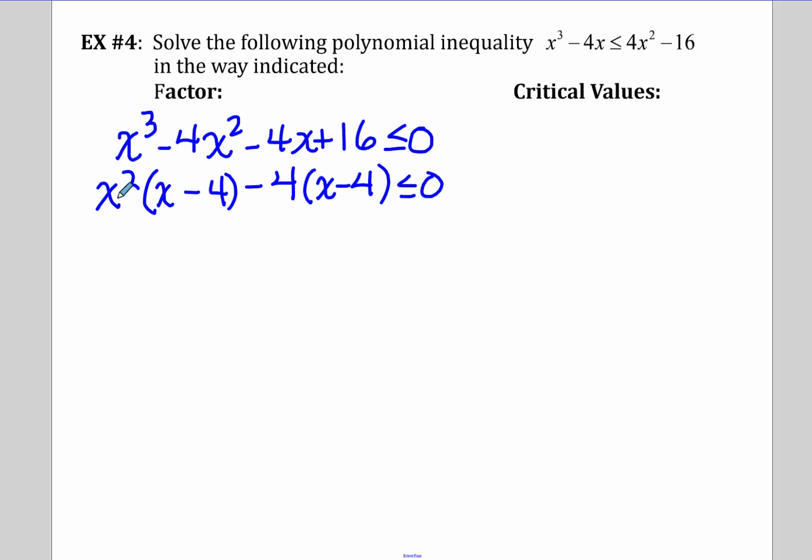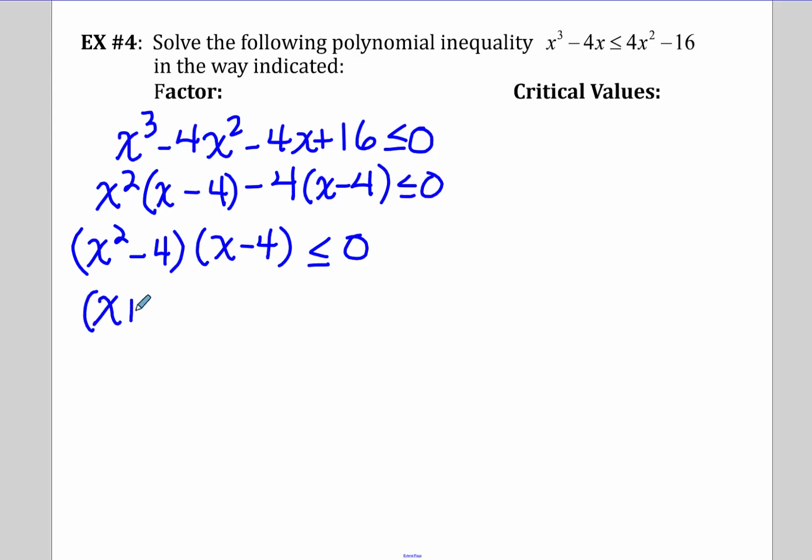And you see we have common factors. X squared minus 4: x squared is a common factor of x minus 4, and -4 here is also a common factor. Breaking this piece up, the difference of two squares, we have x plus 2, x minus 2, and x minus 4.